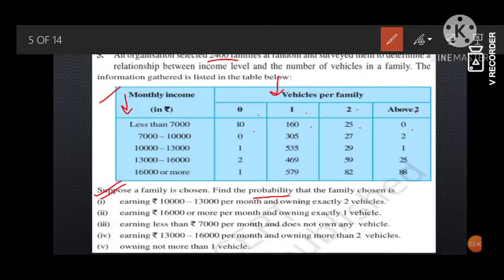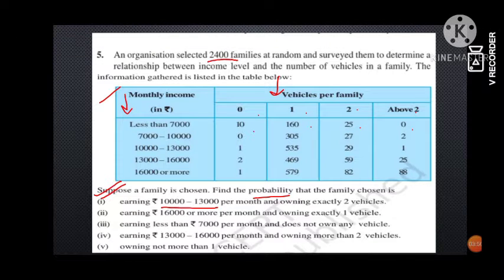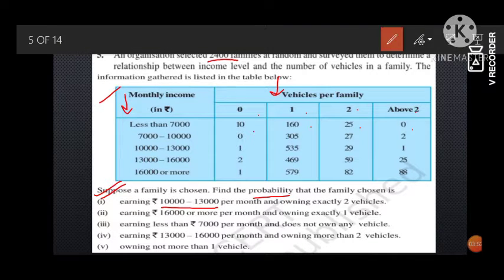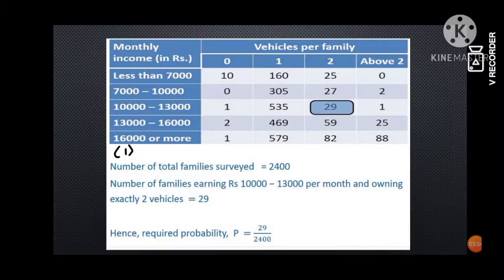So let us see. The first subpart says the family should earn 10,000 to 13,000 and own exactly 2 vehicles. The table I am showing is the same table as in the question, only the number is highlighted.